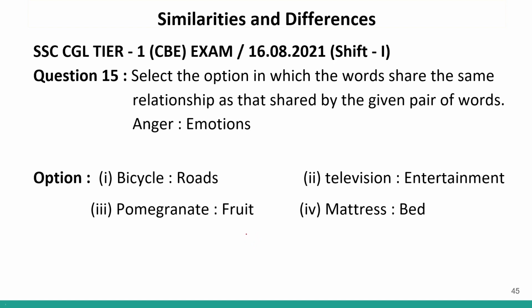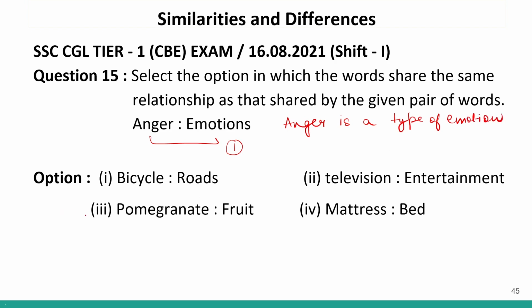Now again a question of analogy. This pair is given to us and we have to identify out of all these 4 pairs, which one has the same relationship as in this pair. Here we have anger and emotions. Similarly we have to find out. We can say that anger is a type of emotion.